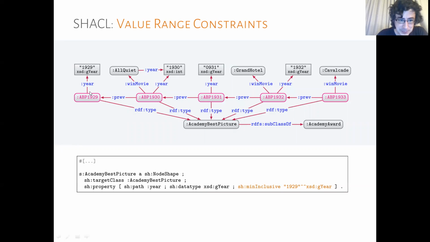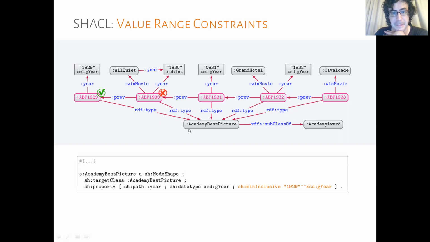So how do we proceed here? Again, we're targeting instances of Academy Best Picture. We have those highlighted conveniently. So we need to go through and have a quick look and see if they satisfy the shape. So we're saying that their year must be at least 1929, and it must be a gYear data type. So this one looks fine, as it's min inclusive. If it were min exclusive, this would fail. 1930, we see year 1930 here. That looks fine, except the data type is incorrect.